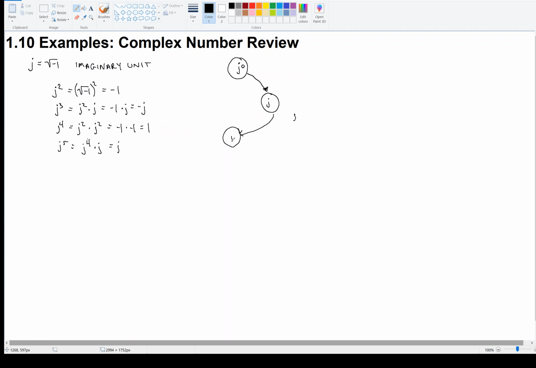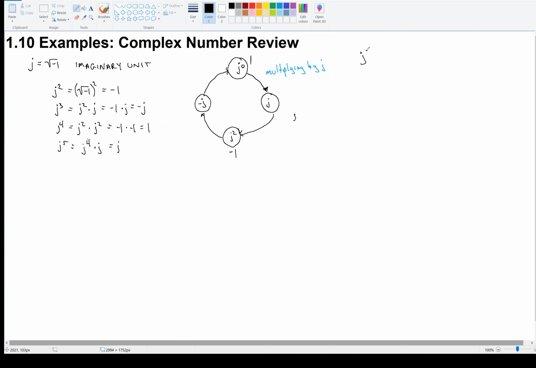But we'll write down here this is -1, and up here this is +1. And then if I multiply by J again, I get -J. And then if I multiply by J again, I'm back at 1. Right, so in this direction, this is multiplying by J. You see that?